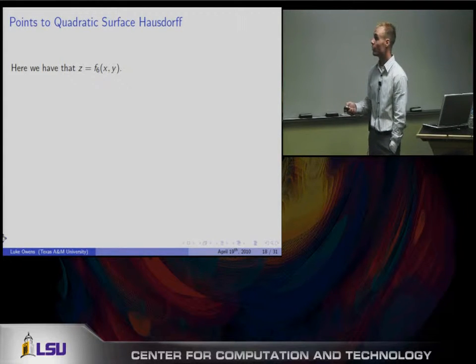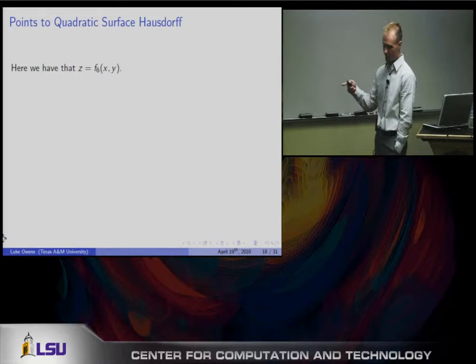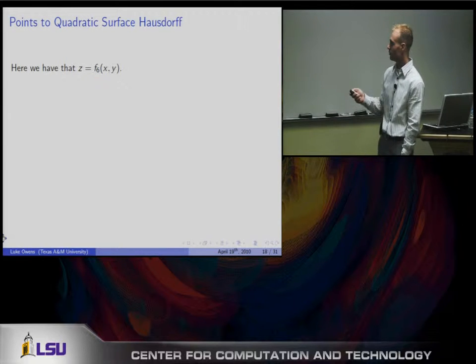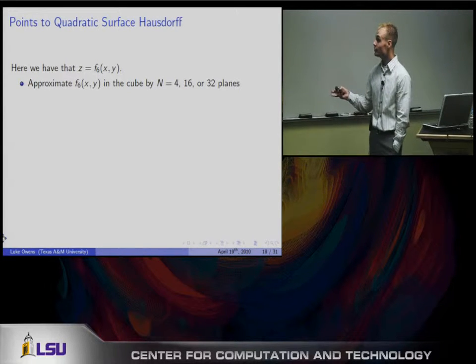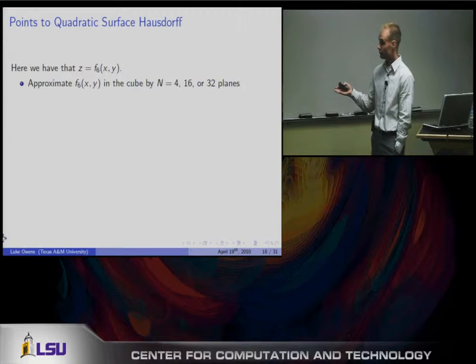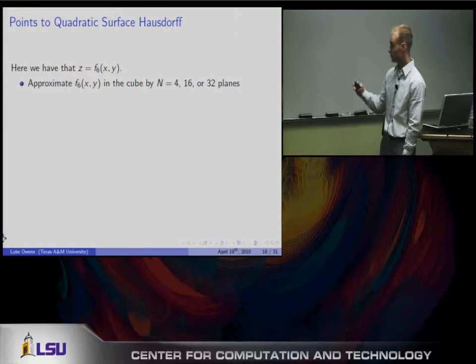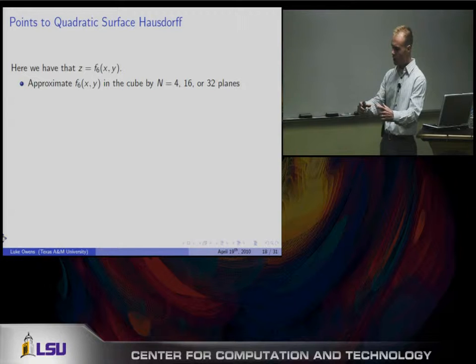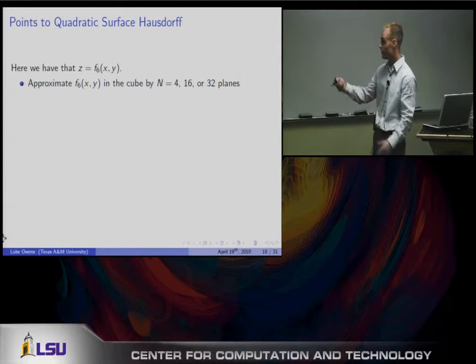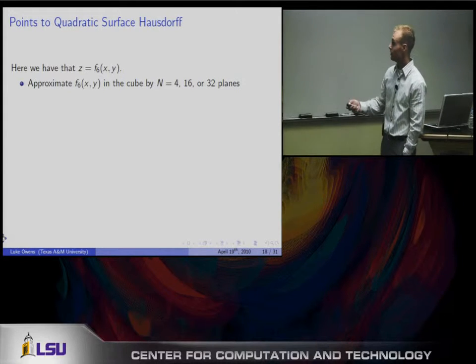All right, so points to quadratic surface. Here's the idea. I was going to draw a picture, but it would take way too much of my time, so I'm going to explain it, and hopefully you can draw the picture in your mind. We approximate our quadratic function with some number of planes. Maybe within the dyadic cube, we have z as a function of x and y, and we have, say, 4 planes, so you split the base of the cube into 4, and you have these 4 planes, or you could do 16 or 32 planes.